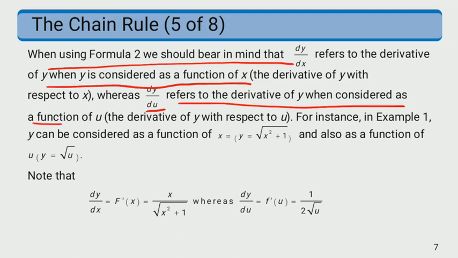That's what you should keep in mind inside the chain rule. So when we look for dy du, we are taking the derivative of the function y, but with respect to u. So it means somehow we have done some substitution to introduce the variable u. Otherwise, we might find ourselves in trouble.